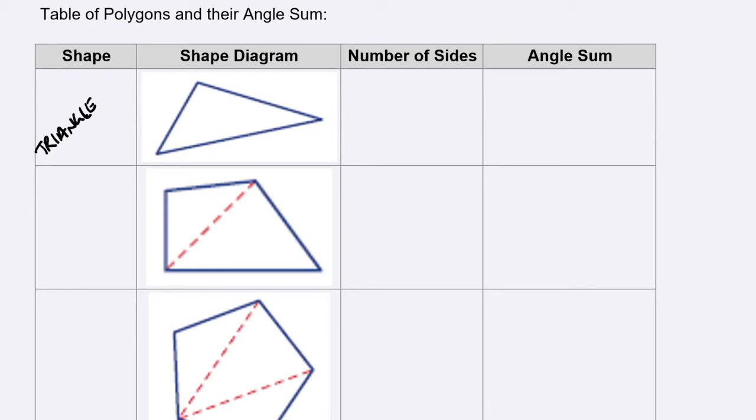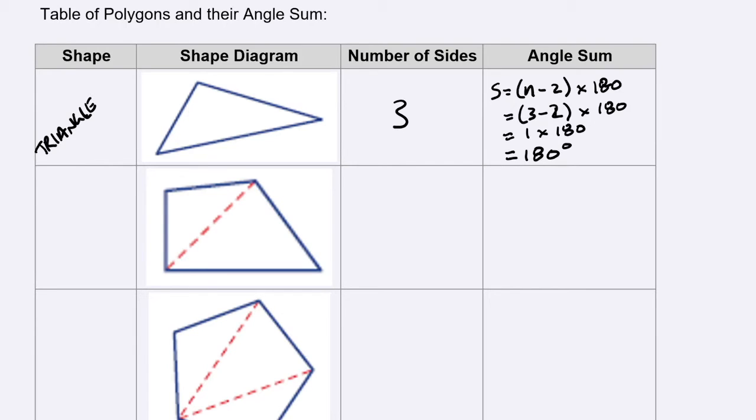Okay, triangle, it has 3 sides. So for our angle sum, we want to go S equals n minus 2 times 180. So we want 3 minus 2, which is 1.